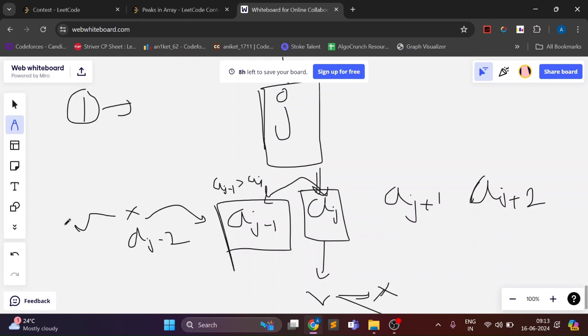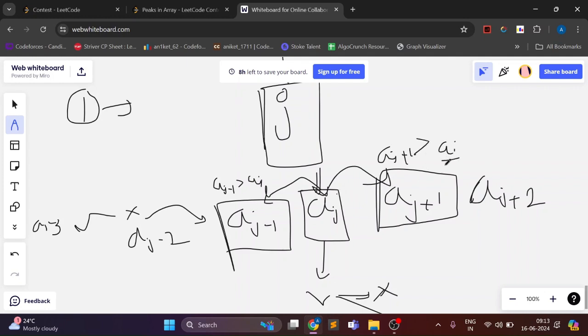Similarly, a of j plus 1 would be affected because its peak condition involves a of j, while a of j plus 2 is not dependent on a of j.